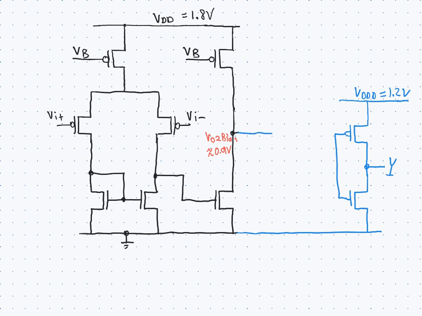We could perhaps put in a source follower like this at the output stage, just to lower the voltage, because it would drop down by around half a volt.